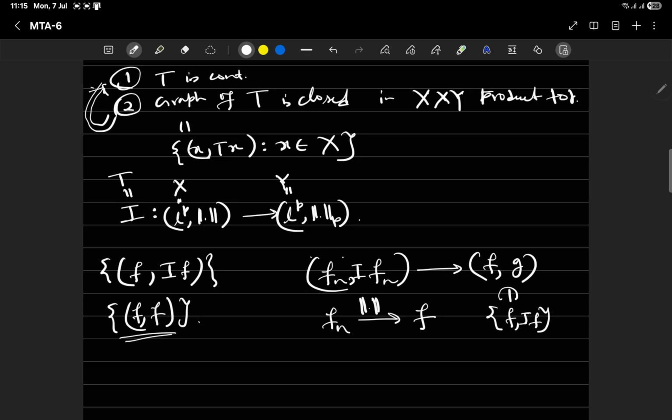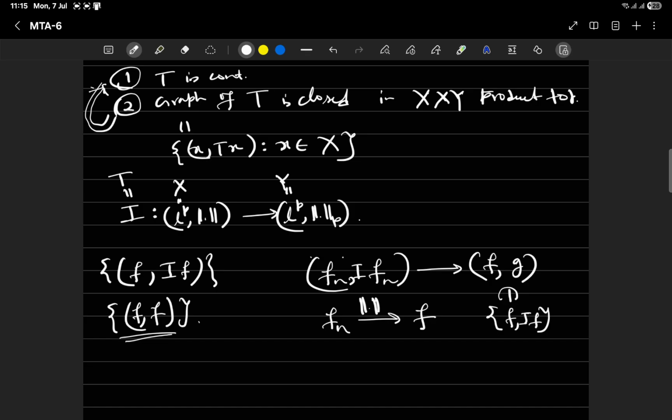Okay, to prove the closedness of the graph using sequences, we take a convergent sequence from the set, and the sequence converges to some point. Eventually we say the point is inside the set, meaning every element that is in the closure of the set is inside the set.